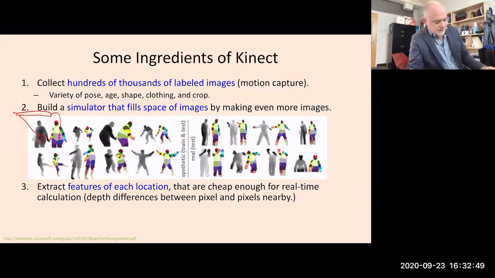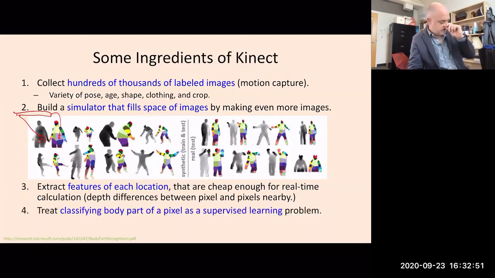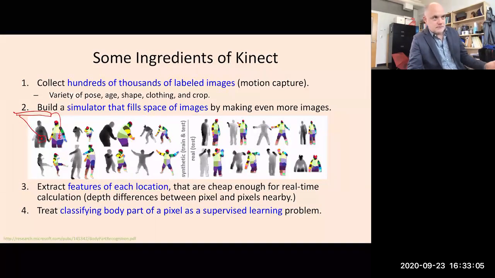So we need features that are cheap enough to extract in real time, like depth differences between pixels and nearby pixels. And then we can treat classifying each body part as a supervised learning problem. Cool with that?